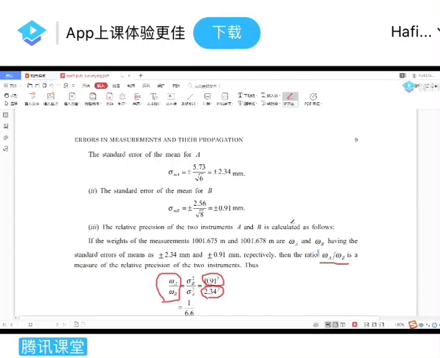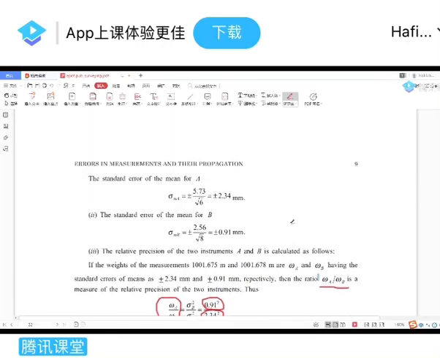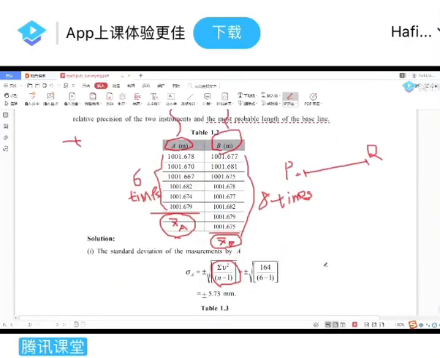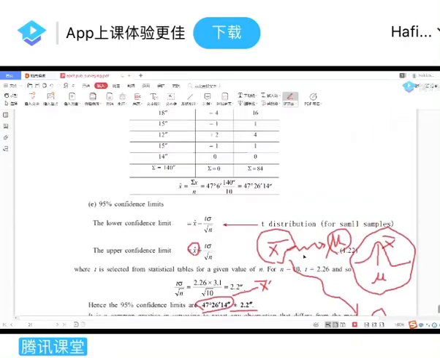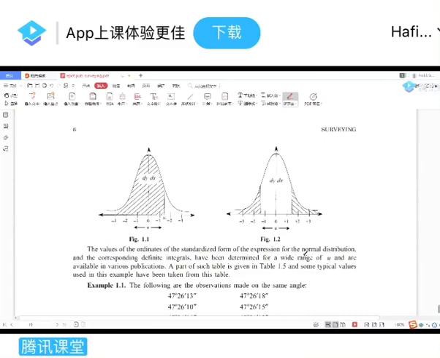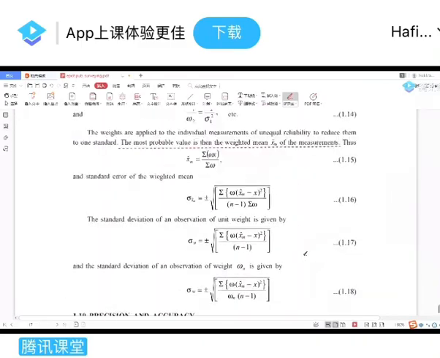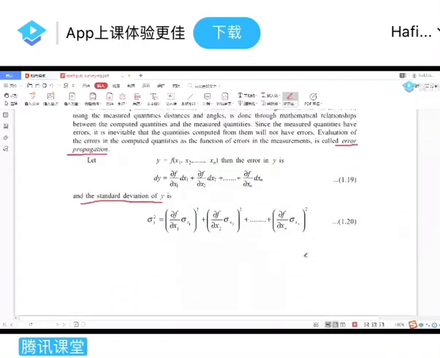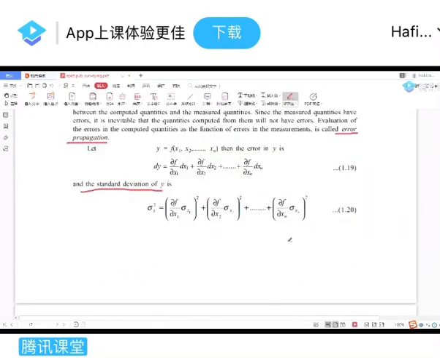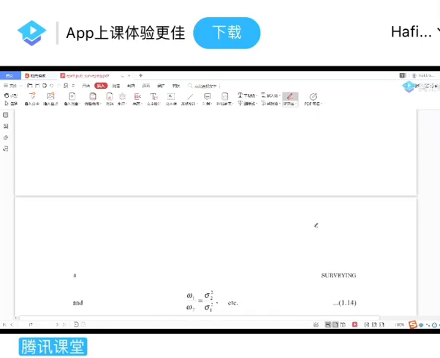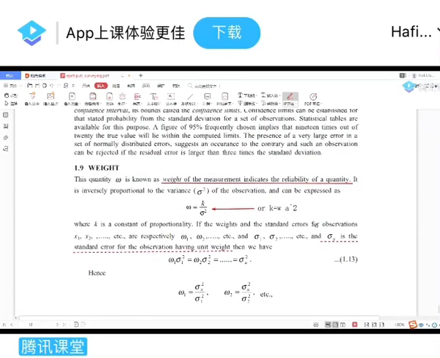I think probably there is some mistake over here. Let's go back to our original text. You'll see. By the way, today we also have to, hopefully, touch this bit of the error propagation. Okay, so take a look at this one.